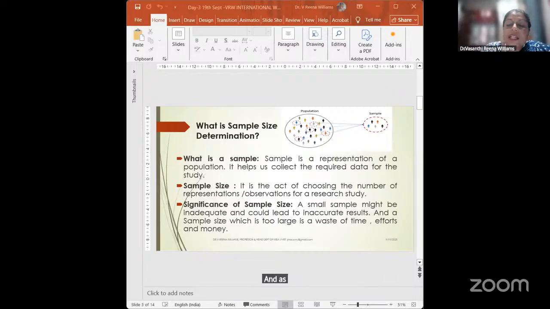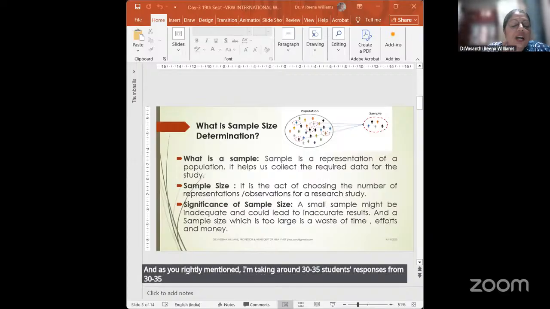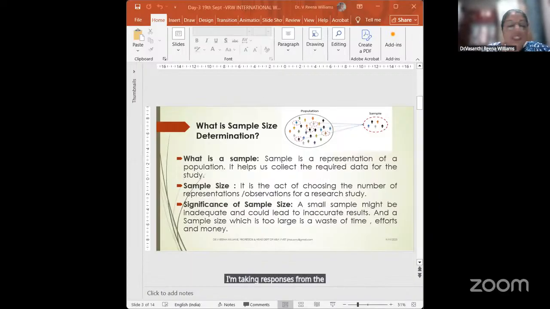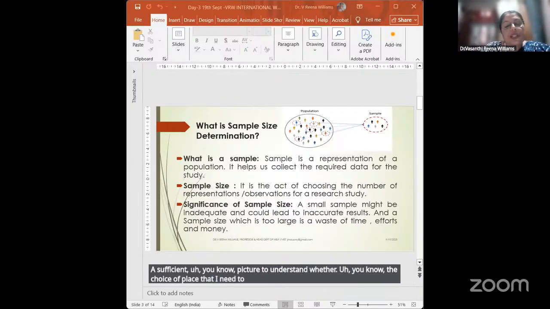And as you rightly mentioned, I'm taking responses from 30-35 students, not necessary to have all the 50, because that gives me a sufficient picture to understand whether the choice of place that I need to go is going to be useful or not.